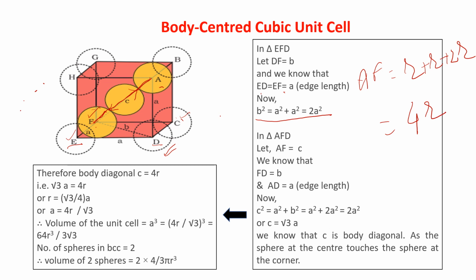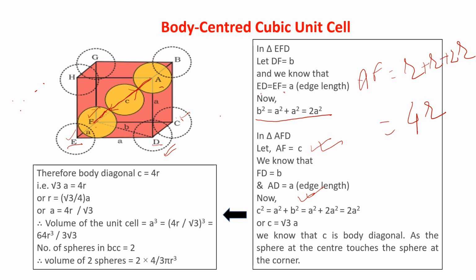I'll come to that. Now let AF be equal to c. We know that FD is equal to b, and AD is the edge length, which is equal to a. From this triangle AFD, AF square is equal to FD square plus AD square.